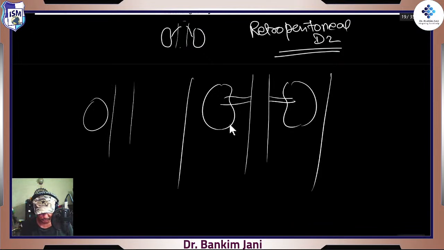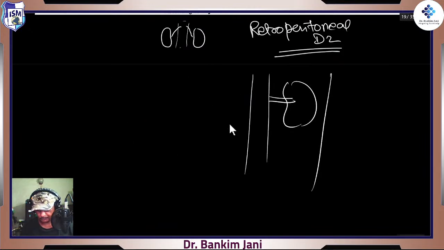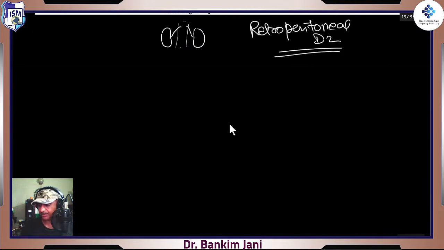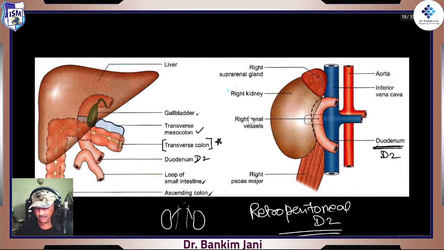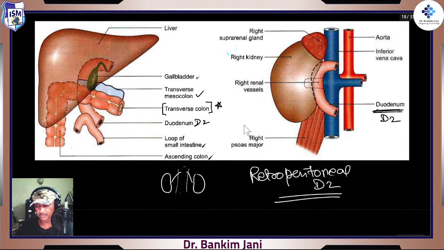And so they are deep, and they are going pretty deep. Okay, we'll see this thing as such, but just to know. So that's the reason that these kidneys are so deep, so it comes into the posterior relation.